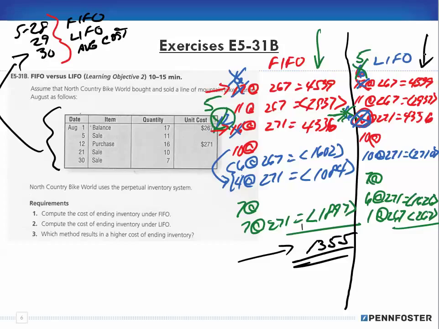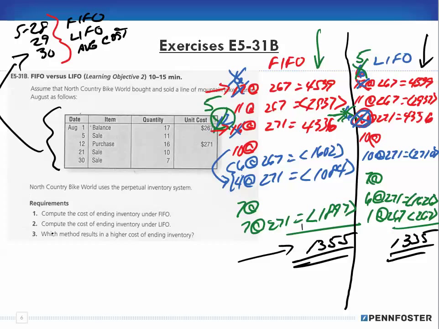So I have 45.39 minus the 29.37 plus 43.36 minus 2710 minus 1626 minus 267, and I end up with 1335, okay, as my LIFO.